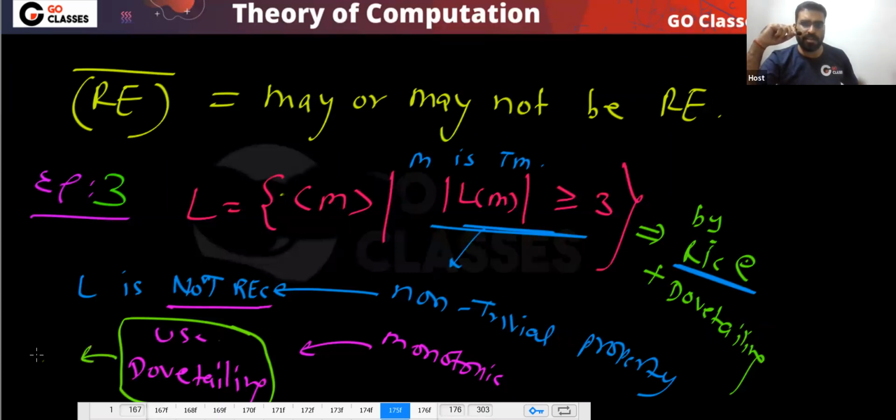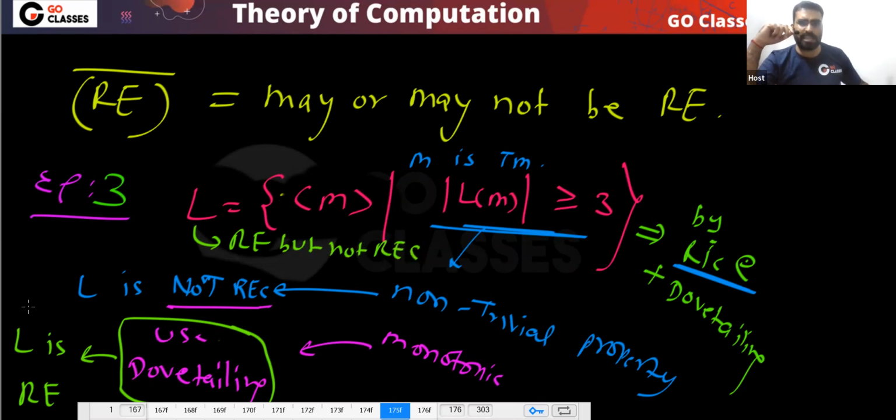So we can recognize the members of L. So L is RE, but not REC.